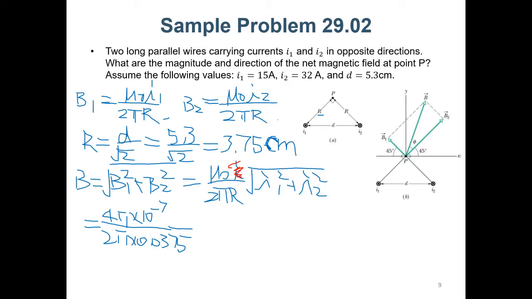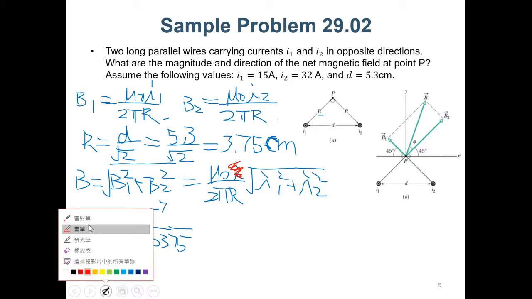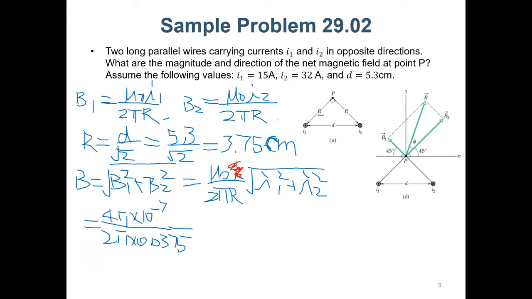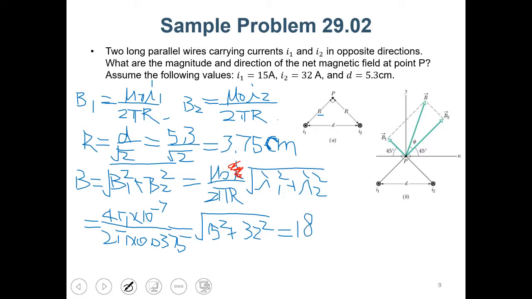No I here. And the rest of the stuff is 15 squared plus 32 squared. The answer is 180 mu T.